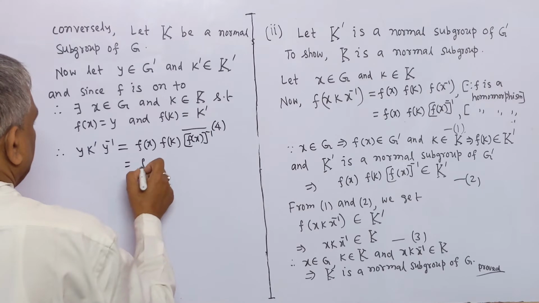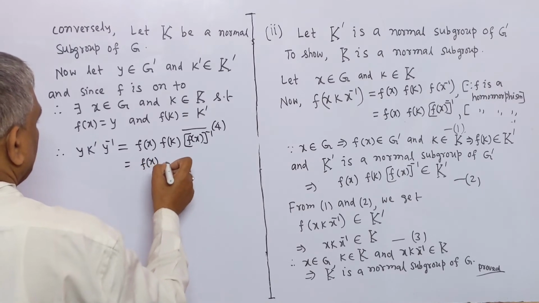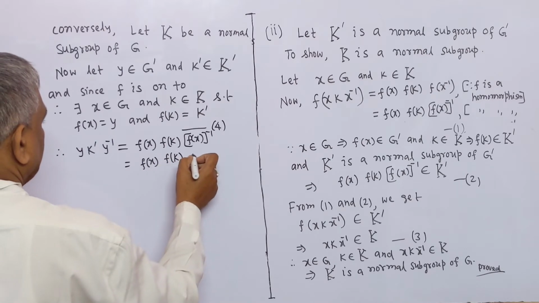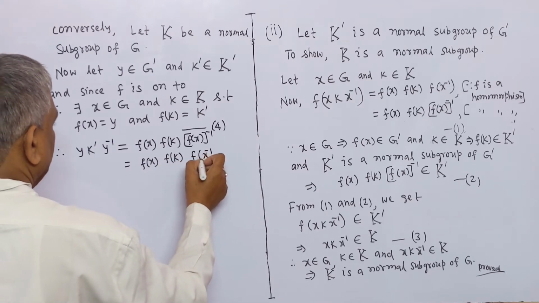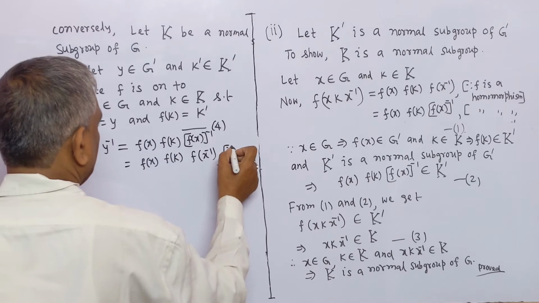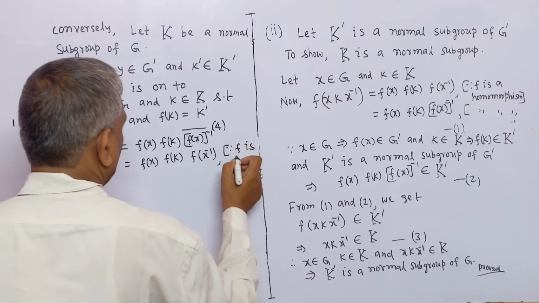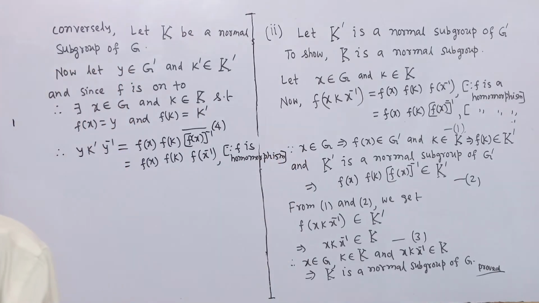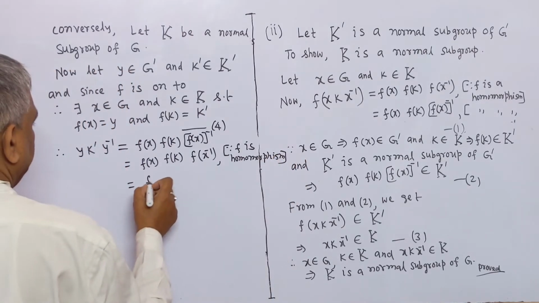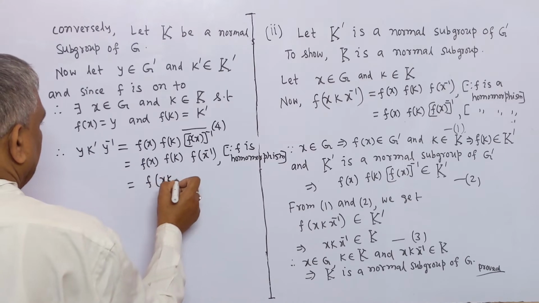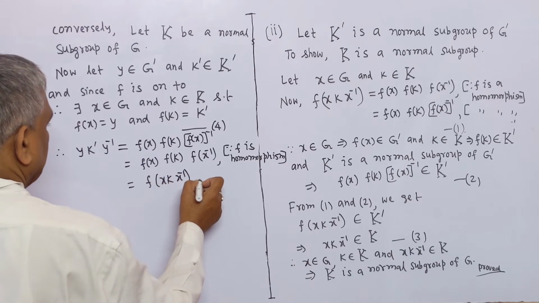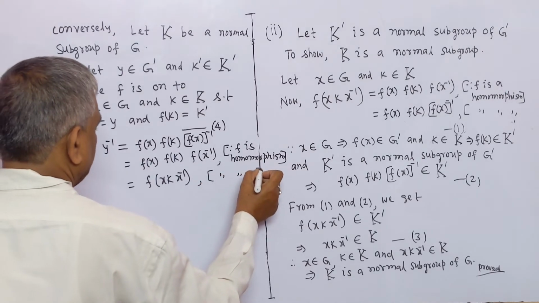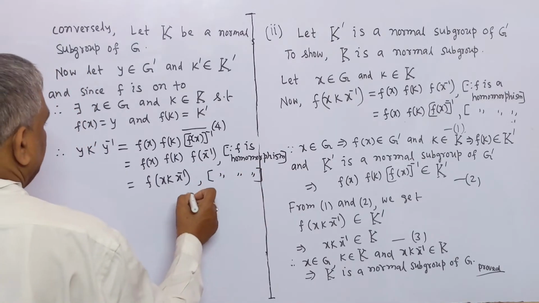This equals f(x) f(k), and this is f(x inverse), since f is a homomorphism. This equals f(x k x inverse), since f is a homomorphism. This is number 5.